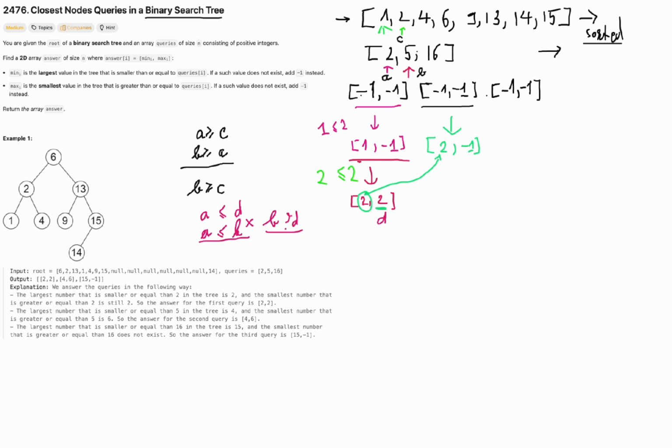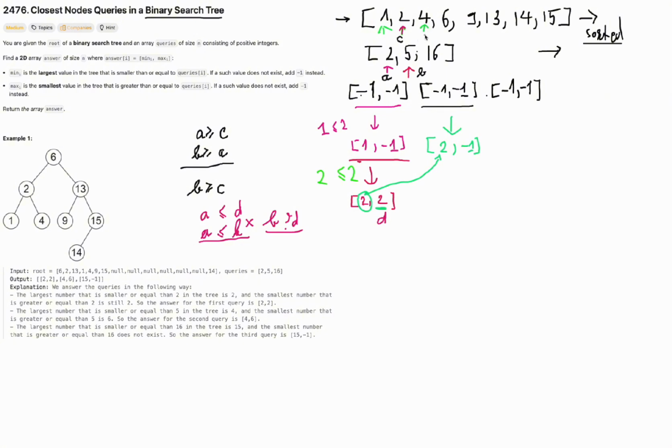D here is exactly the upper bound we found in the first array. Because our pointer for the first array stops at 2, we can compare 2 with 5, and it doesn't work, right? So we move to the next one.